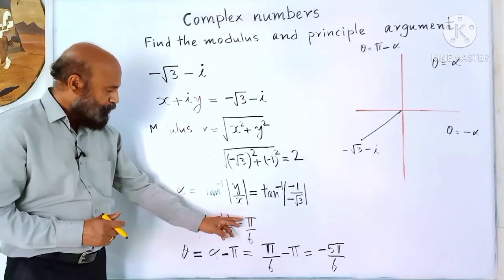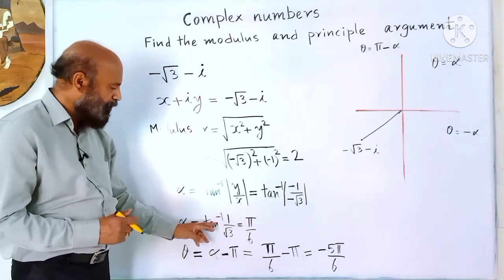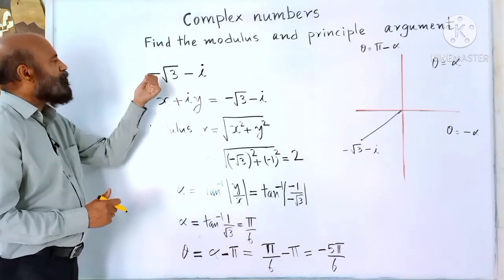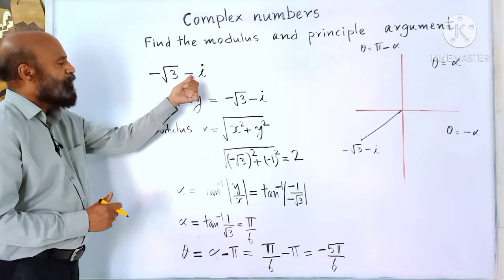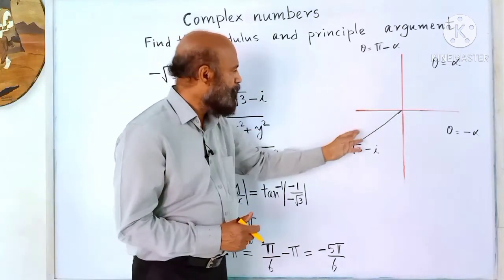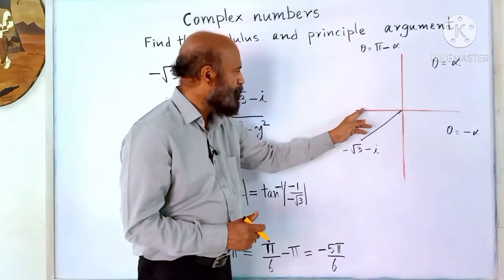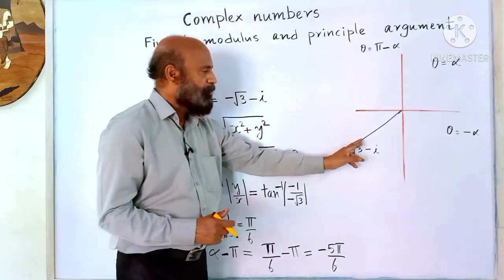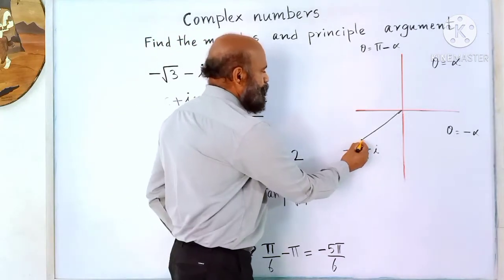So alpha is pi by 6, since tan inverse 1 by root 3 is pi by 6. Now the real part is negative and the imaginary part is negative. So the complex number is in the third quadrant. x negative, y negative, so it is in the third quadrant.